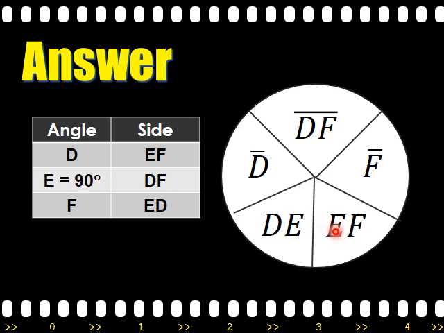Now, you have to make sure na hindi sila tabi yung opposite sides at saka yung angles. In this case, hindi magkatabi si D at saka si EF at hindi rin magkatabi rito si DE at saka si F. Okay?